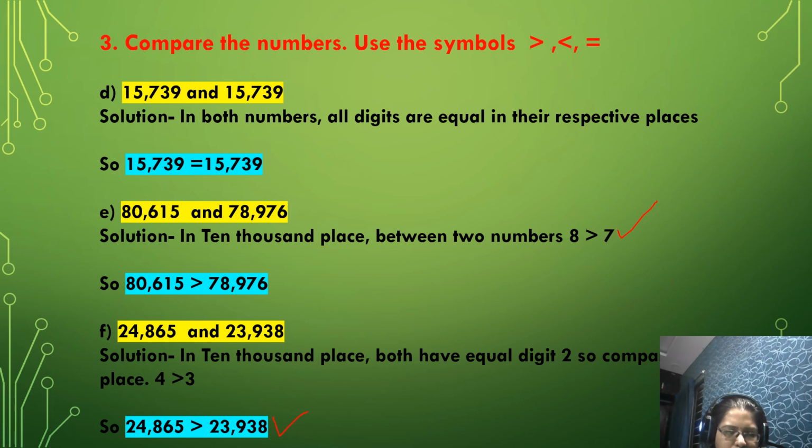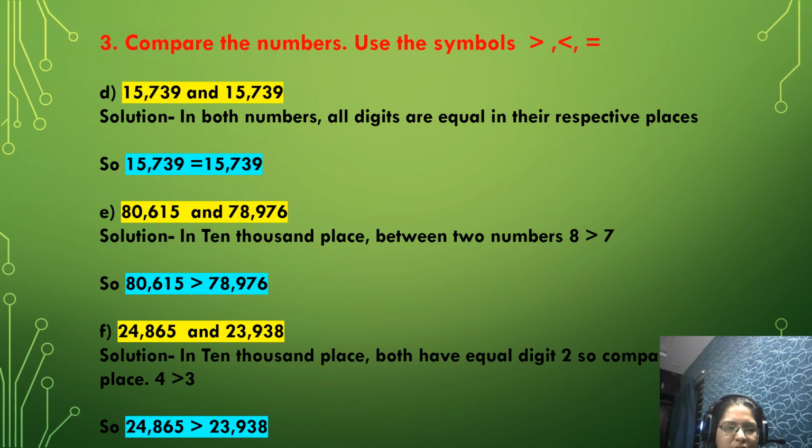From this we know that when both digits are equal in their respective places, then we have to move on. When the digits in the first number and second number are also equal, then we have to go to the second place value digit.